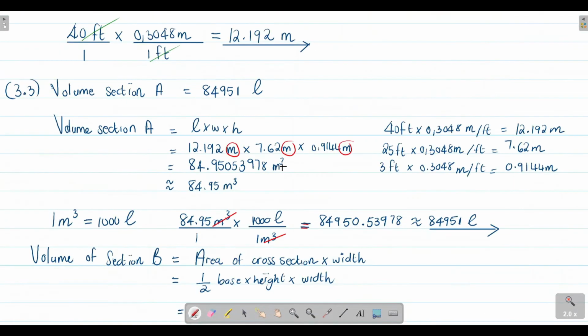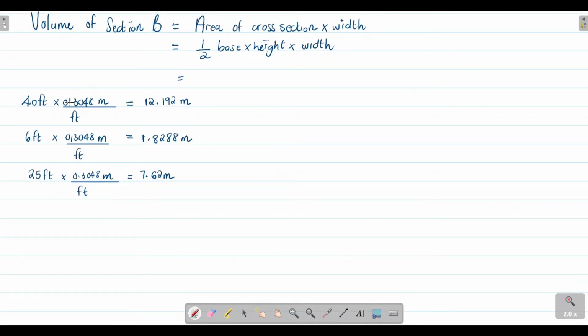So I've written that down. Our base is 40 feet, so we need to convert those into meters. That's 12.192. We already did that in the previous question. We need to convert the 6 feet into meters. If you take the 6 feet, multiply by 0.3048 meters, you will get 1.8288 meters.